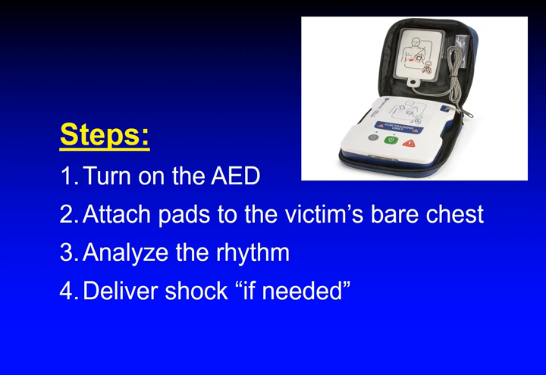Second step, attach pads to the victim's bare chest according to the diagram over the pads: one over the apex, left side to the sternum, and the second right to the sternum under the right collarbone. The third step is stop compressions and wait for analysis of the rhythm.